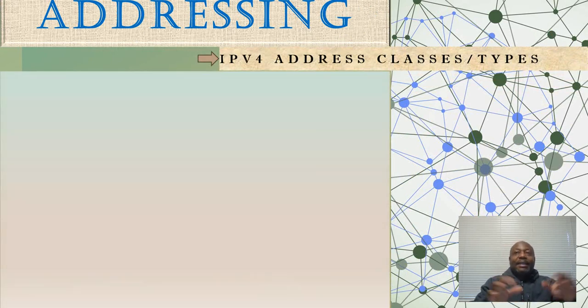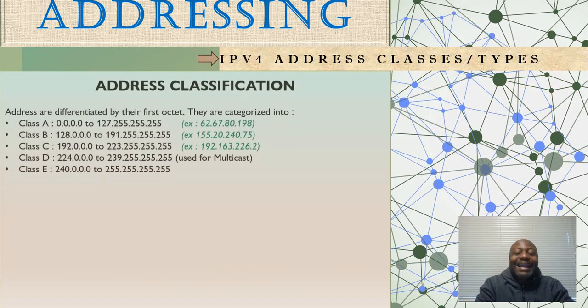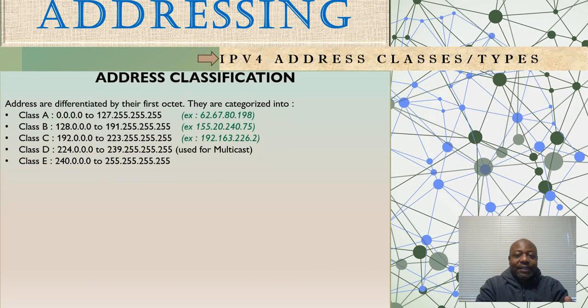Now, in this addressing, we have different classes of addresses, and we're going to differentiate these based on the first octet. Class A has a first octet from 0 to 127. That's how we recognize an IP address as being of class A. Class B has the first octet from 128 to 191.